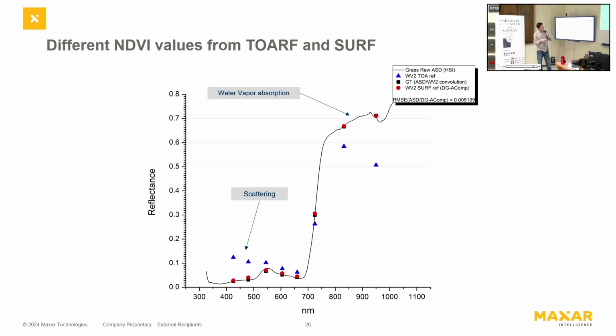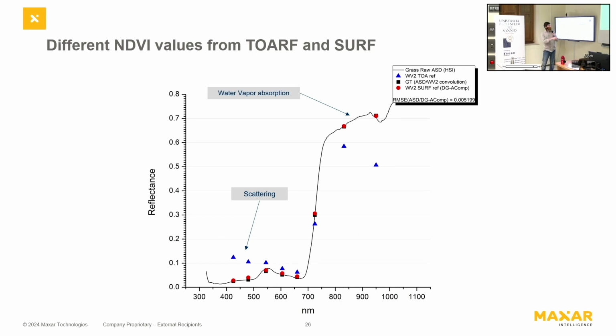you can see different things. So the black line is what I measured. So this is what grass looks like with a spectrometer. And if you use top-of-atmosphere reflectance, the values are not super accurate, and they're less accurate the more you go to shorter wavelength.